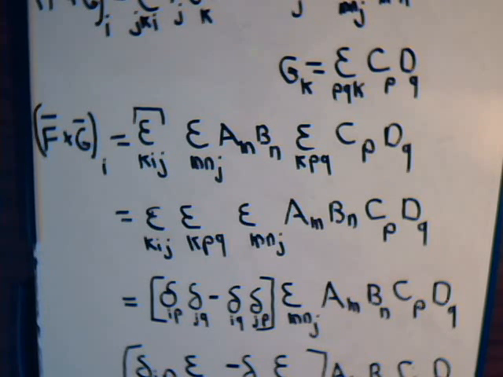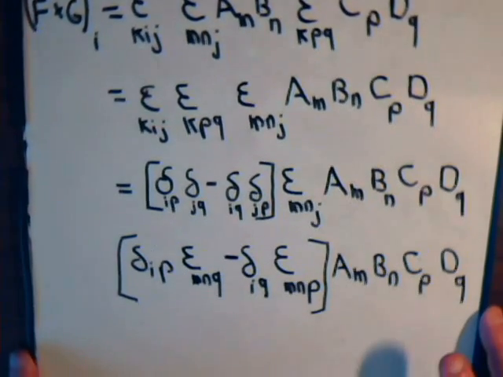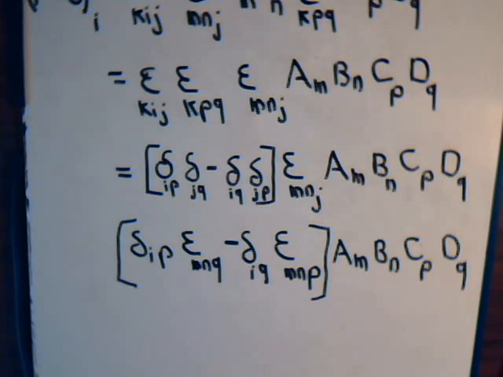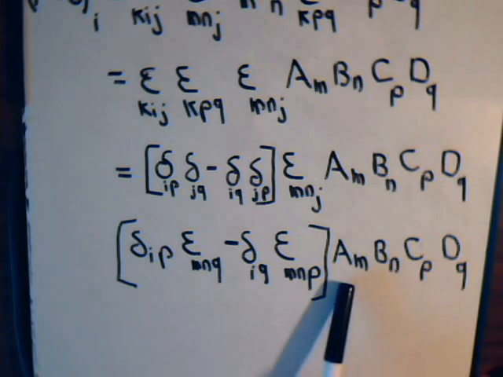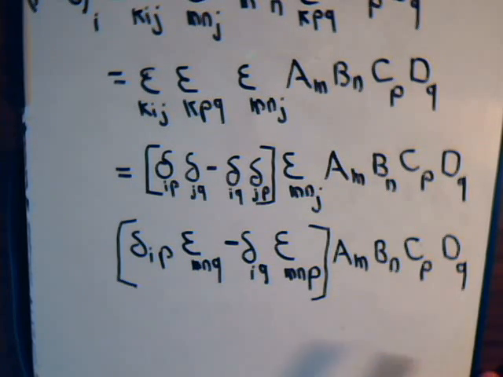Okay, now here we have this expression. Now we have to consider what effect does this have on these scalars. So we have delta I P. So this is 0 unless P, well, we could say it's 0 unless I equals P, but there's no I over here.